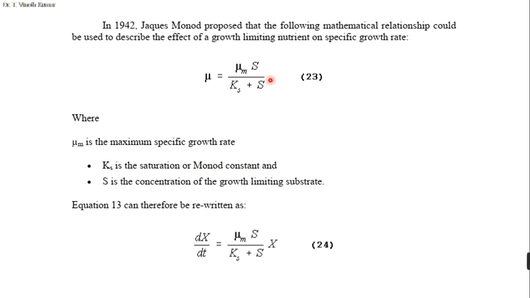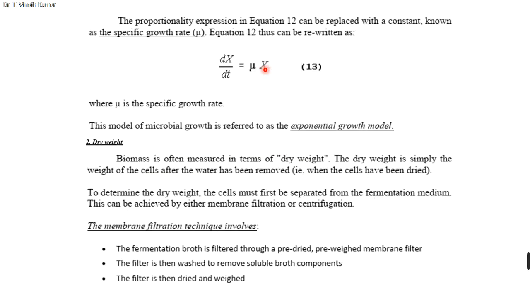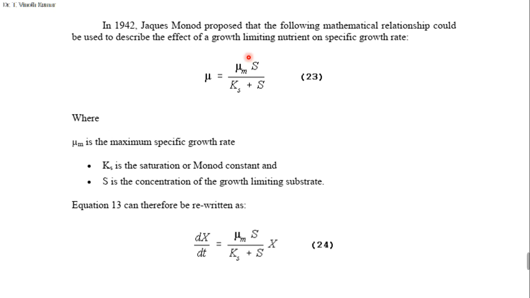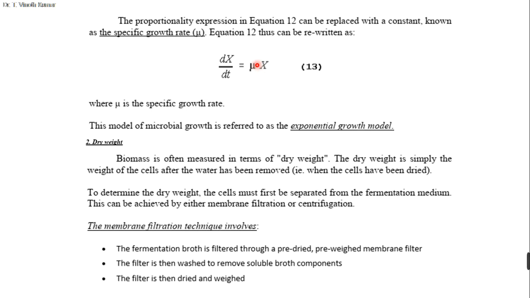And this equation 13 can therefore be rewritten, because we have the value of mu and we are going to put this value in the place of mu. We arrived at this mu value, so we are going to place it in this equation, that is dx by dt is equal to the mu value given in the Monod constant form, multiplied by x.